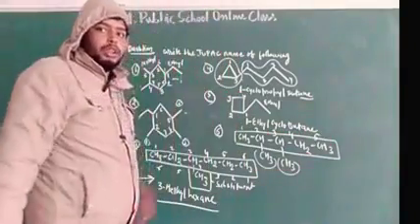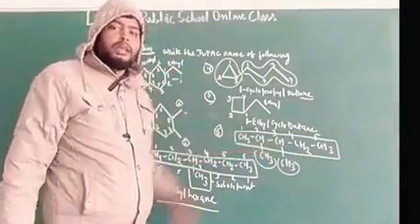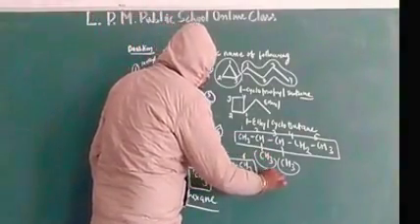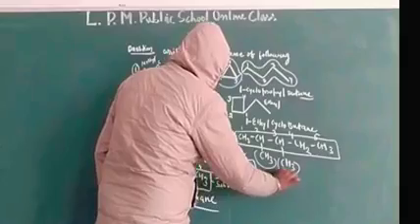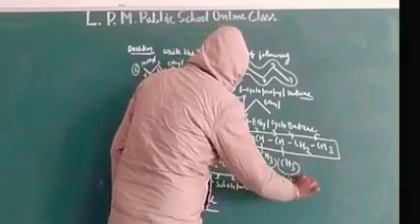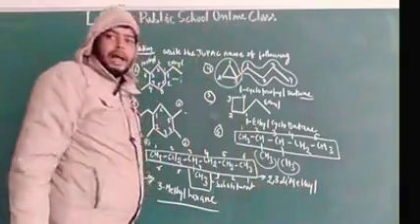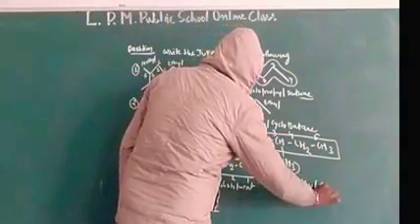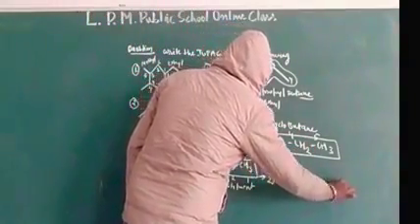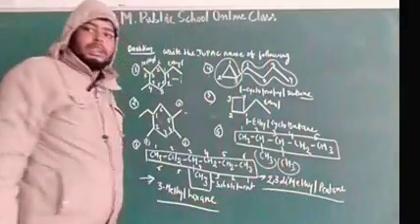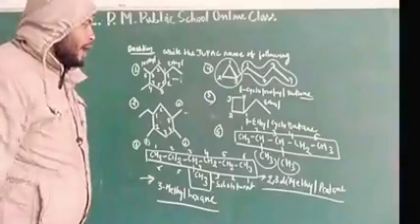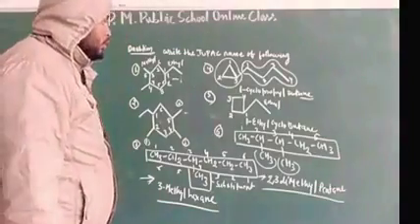The positions are 2 and 3 for the substituents. You have to write, guys, 2,3-dimethyl. How many carbons are there? Pentane. That means this is the concept of the naming.